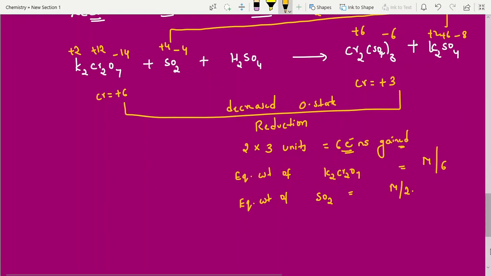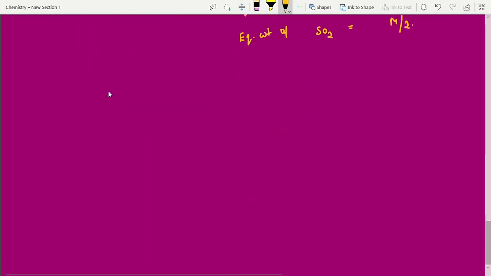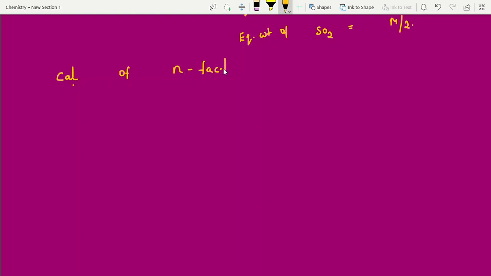Now disproportionation reaction. Very interesting point, students. Calculation of n factor and equivalent weight of a disproportionation reaction.